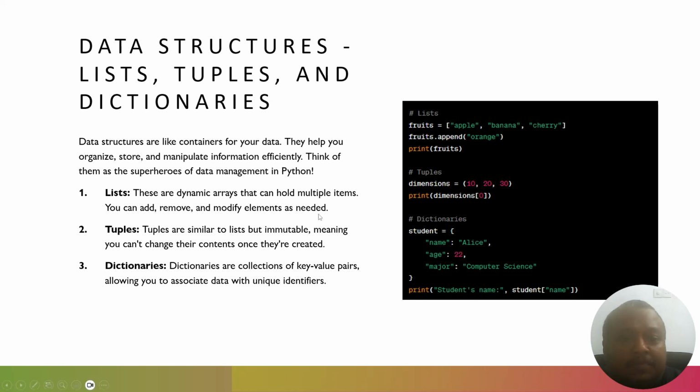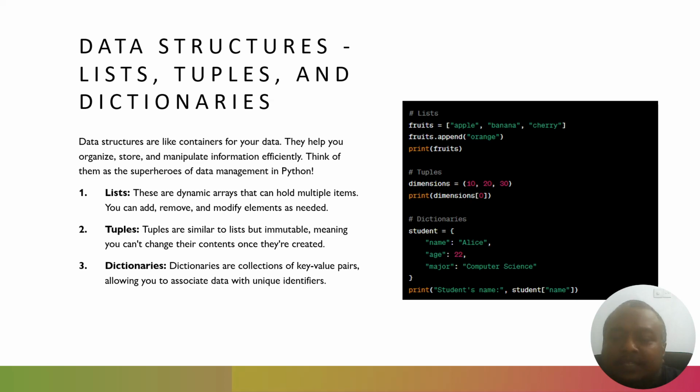The second type is tuples. Tuples are similar to lists but immutable, which means you can't change their content once you have created them. Here in this example, we create a tuple called dimension and within brackets we give its items 10, 20, and 30.